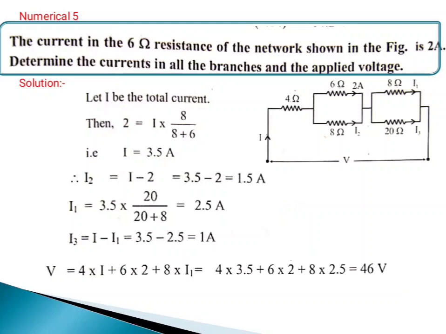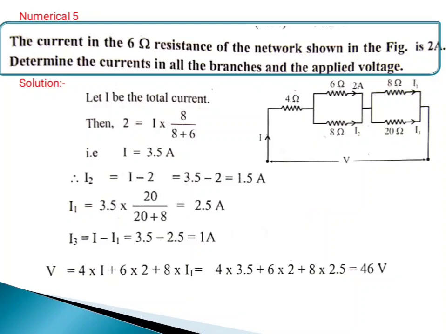Now how are we going to find I1 and I3? The main current flowing through this is 3.5 amps, so 3.5 into the opposite resistor 20 divided by 20 plus 8 gives I1, which is 2.5 amps. Similarly I3 is I minus I1, so I3 is 1 amp.